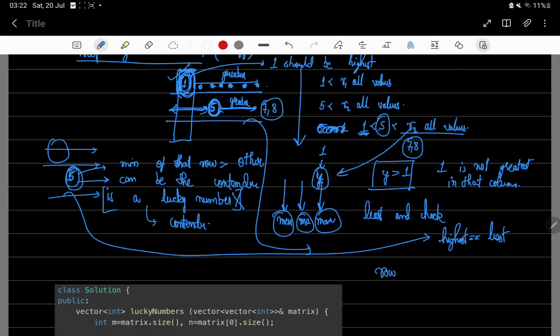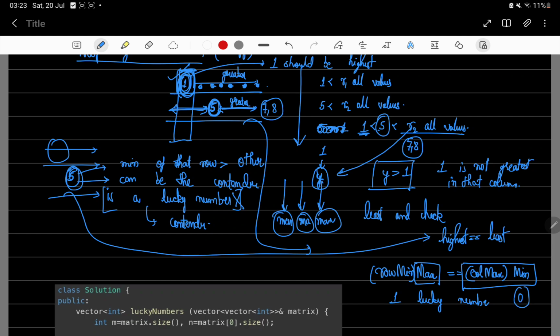So the row minimums' maximum value should be equal to the column maximums' minimum value out of all those. Only if this is satisfied can we say that there was one lucky number to be found, or else there was zero lucky numbers to be found.